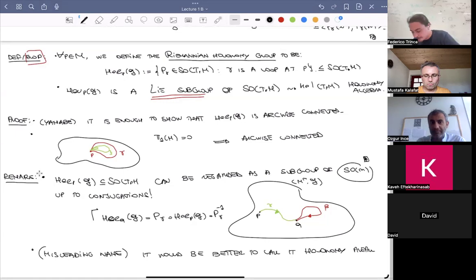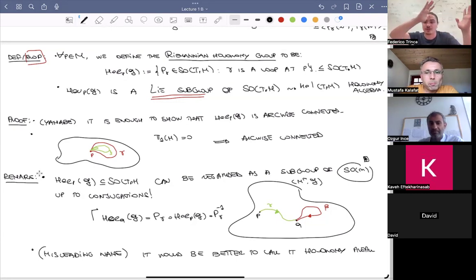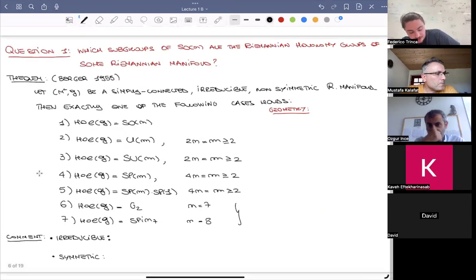Okay, so now I told you in the first 20 minutes that given a Riemannian manifold, I can associate a group, which is this holonomy group, which is independent of a point up to conjugation. So I've given you a way to associate to any Riemannian manifold a group, which is very good.